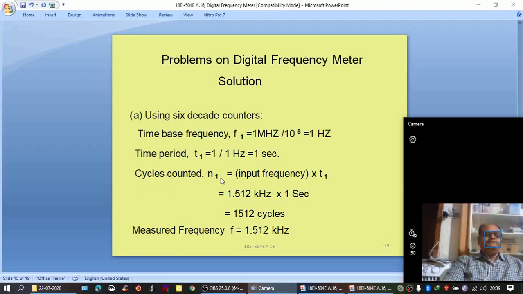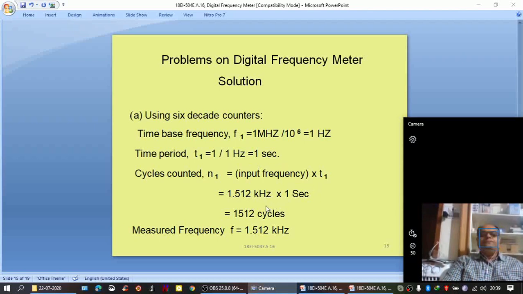Cycles counted, that is the number of cycles that are allowed to reach the counter, is equal to input frequency into T1, where T1 is 1 second.